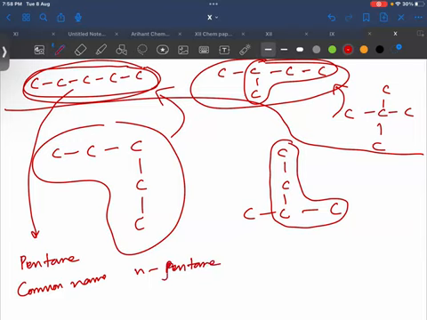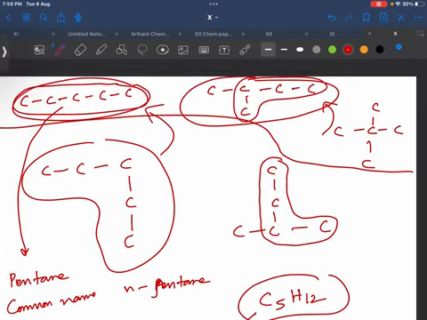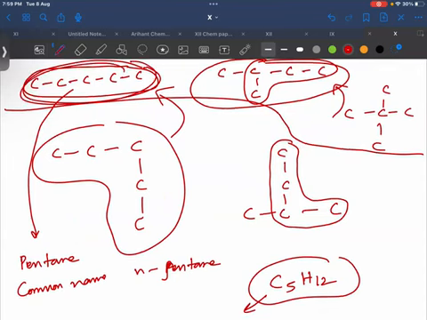One more thing to remember. When I say pentane, guys, suppose you are given C5H12. Everyone, after writing, look here. If C5H12 is given, you cannot say that this is pentane, because it can be this one also, this one also, or this one also.